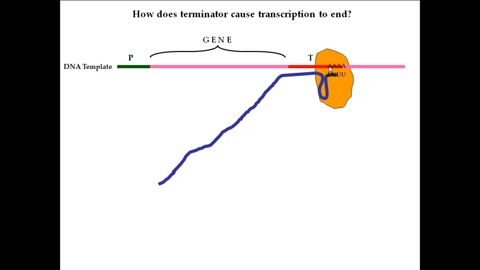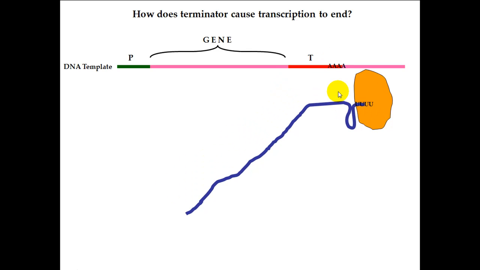So having this relatively weak bond, A's to U's, coupled together with the fact that this hairpin loop has kind of snagged the RNA polymerase, that's what causes the entire thing to fall off at the terminator. Right? So the terminator encodes for this hairpin loop, and it also causes relatively weak A to U bonds, and that's what causes it to fall off, and that's what causes transcription to end.